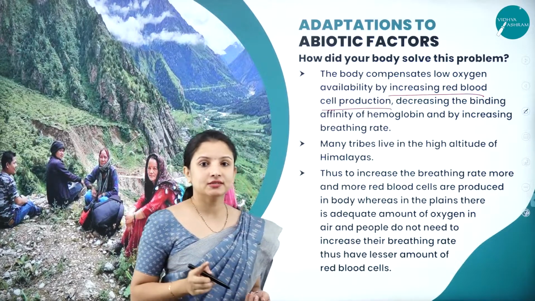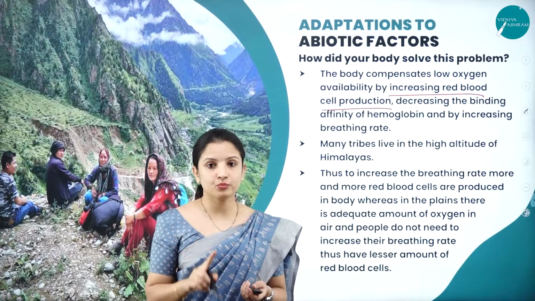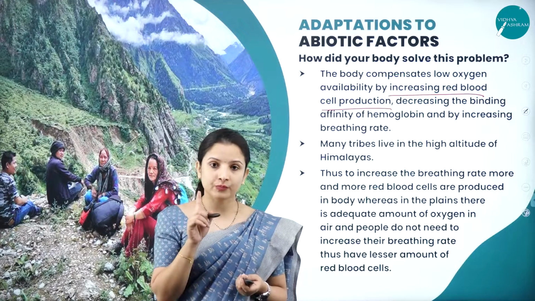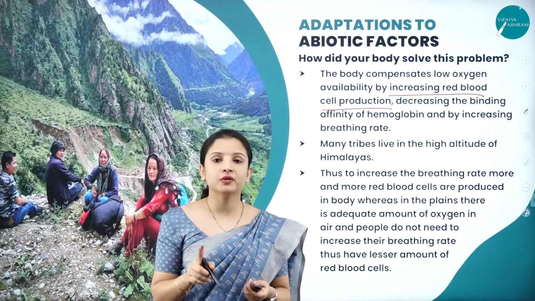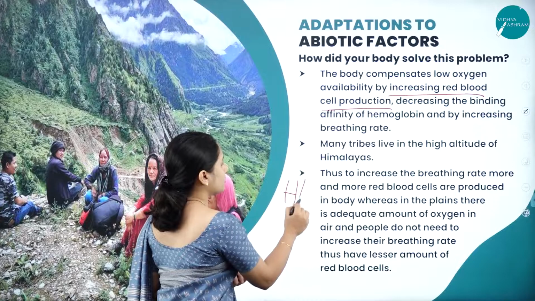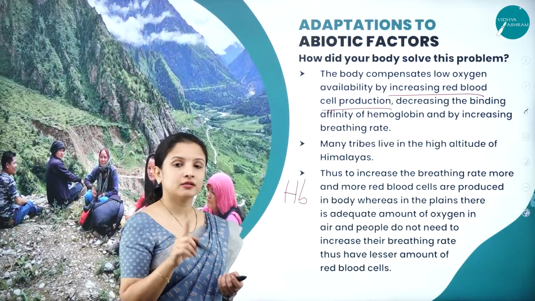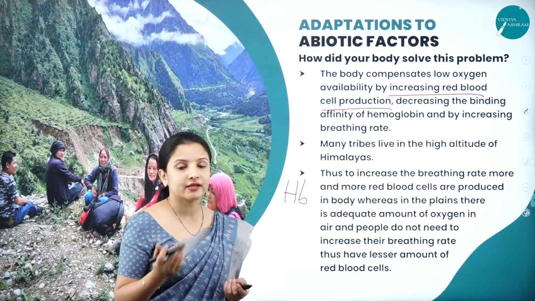We need to understand that red blood cells are very important. Hemoglobin, Hb, is the pigment that gives blood its red color, and the red blood cells are the ones which carry the oxygen.